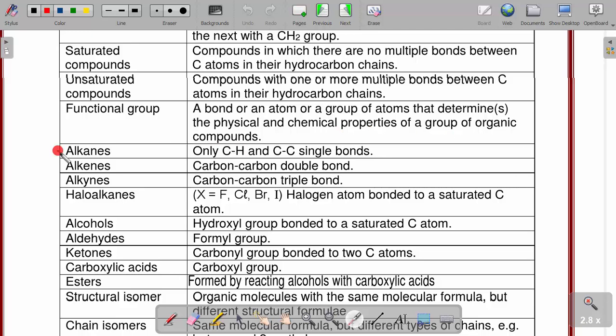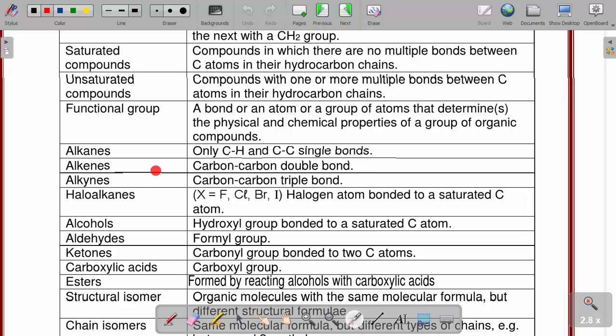Okay. Then alkanes, that is only carbon to hydrogen and the carbon to carbon single bonds. In other words, if we hear the word alkanes, you must know that this organic compound contains only carbon to hydrogen and the carbon to carbon single bonds. We're going to look at examples shortly, don't worry about it for now.